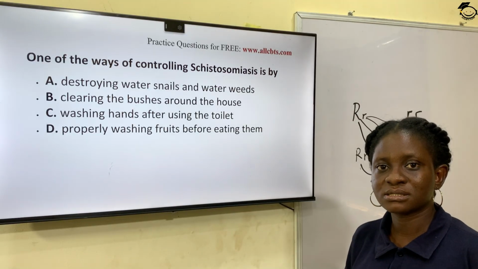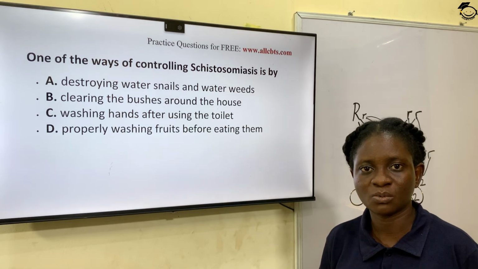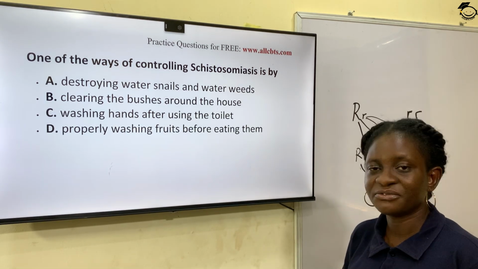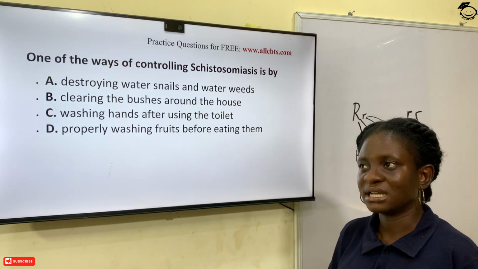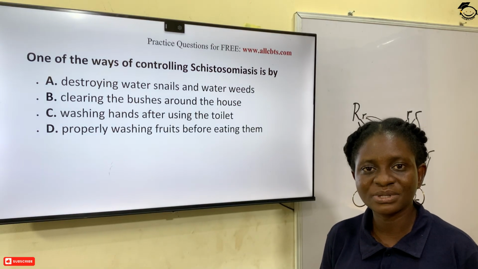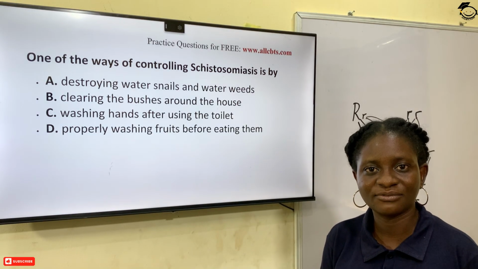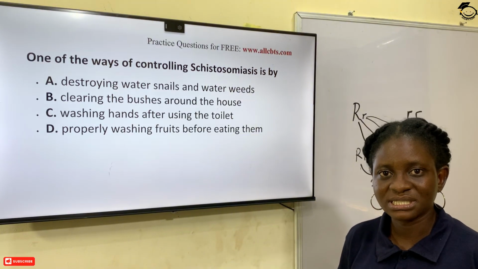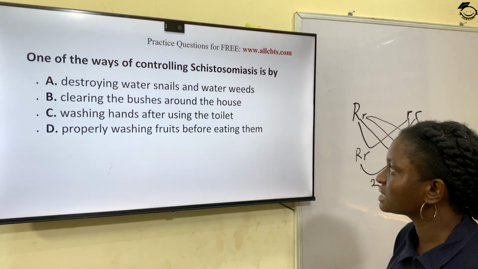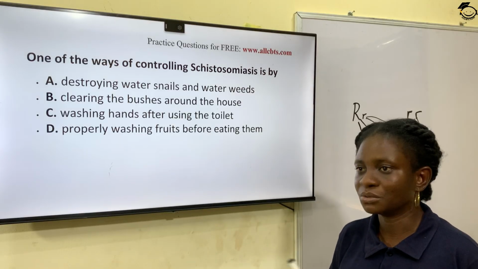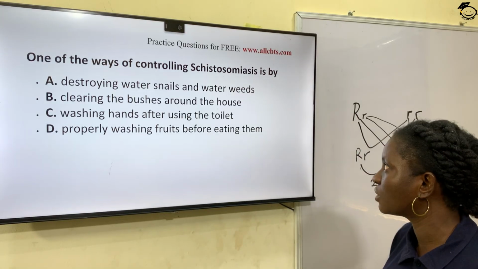Schistosomiasis is found in water bodies. They infect snails, and snails lay the larvae in water bodies, which can then be transmitted to humans and cause disease.